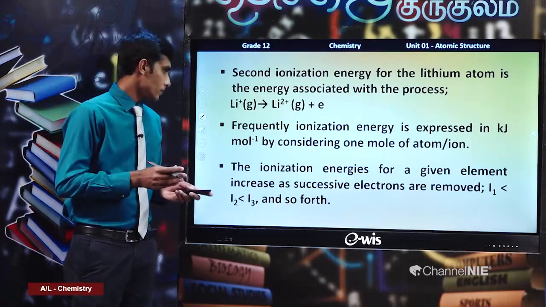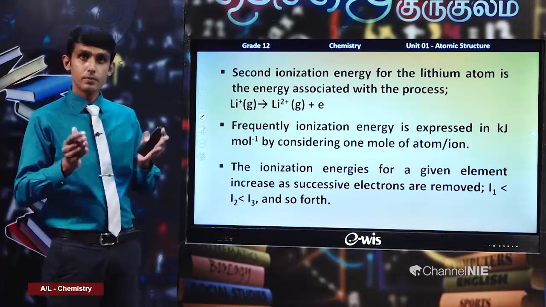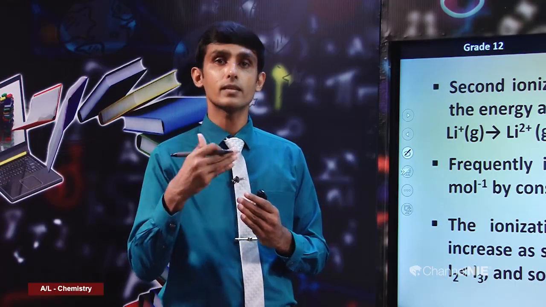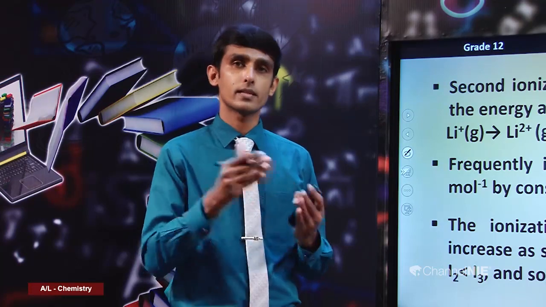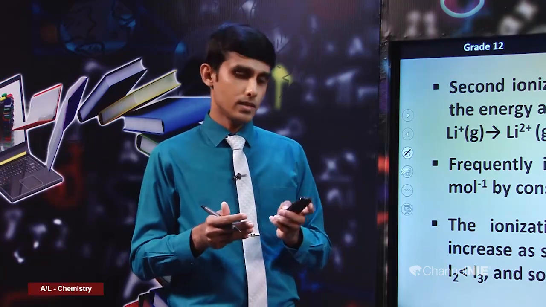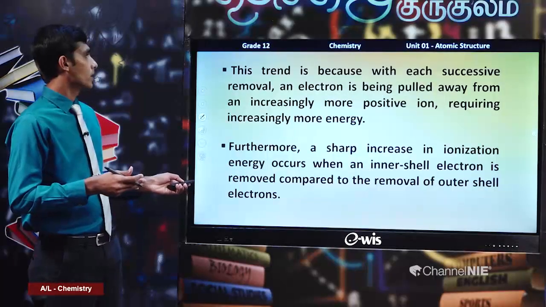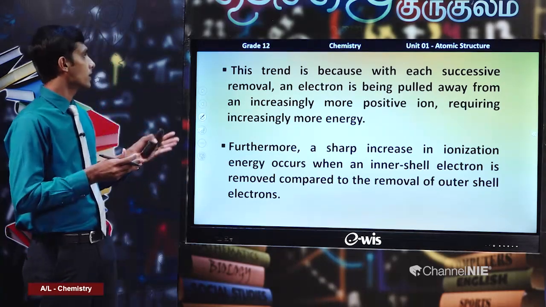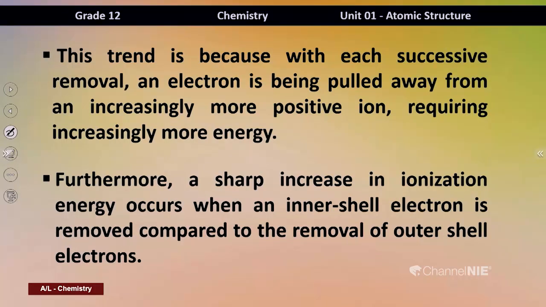Now, successive ionization energies of a particular element always increase. That means the second ionization energy is greater than the first, the third greater than the second, like that. We learned this earlier. This variation is due to the fact that when electrons are removed successively, the remaining electrons are attracted more strongly to the nucleus.